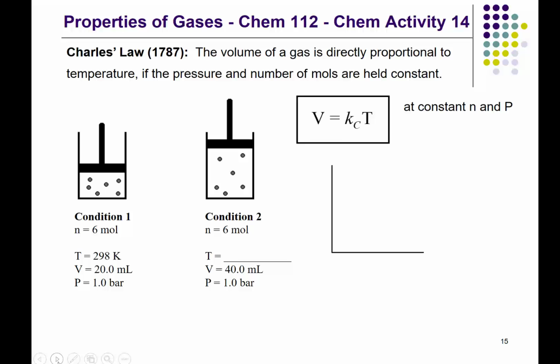Now that we've seen the simulation, understand that the relationship between volume and temperature is referred to as Charles' Law. So Charles was a Frenchman. He was a scientist towards the end of the 1700s, and he was among the first to look at using balloons for elevation. And in those days, there were two kinds of balloons.